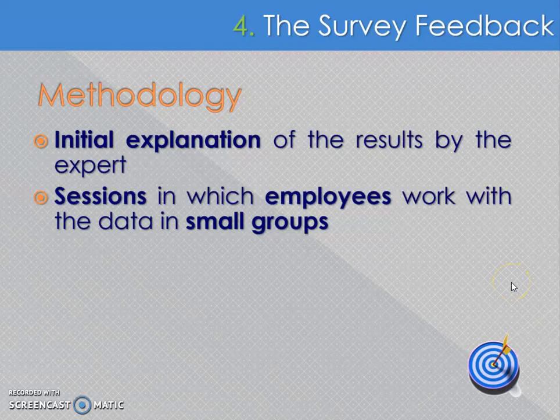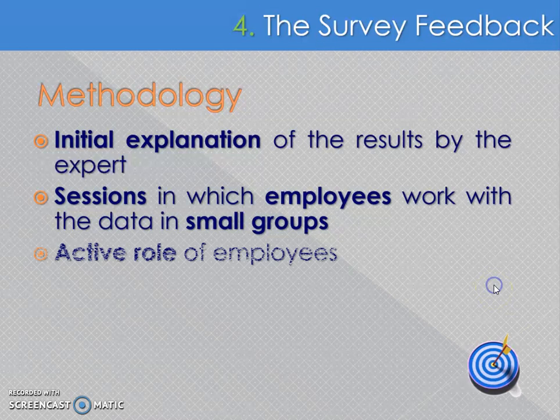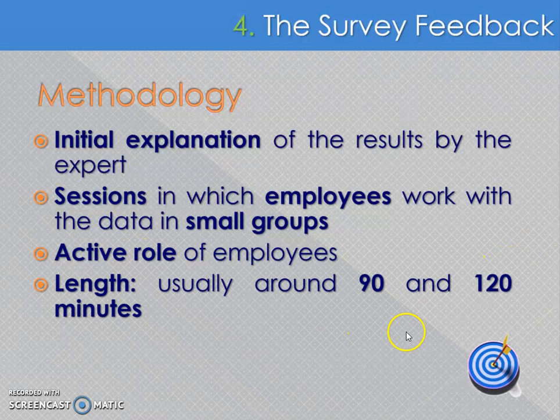They are the ones who study the information and who propose solutions from their experience in the company. Thus, employees have an active role. The length of one session is usually between 90 and 120 minutes. It depends on the time that the organization has to do this type of action.